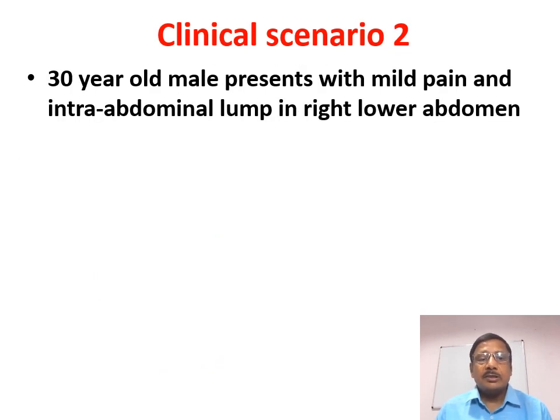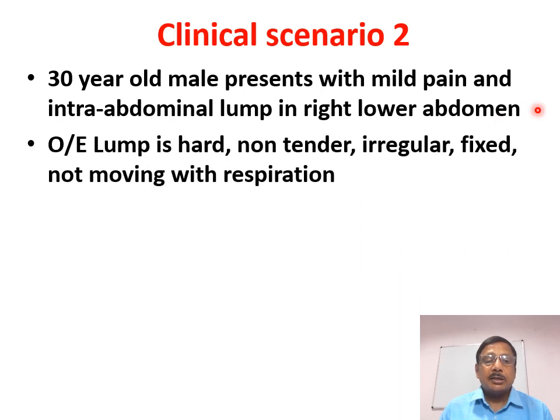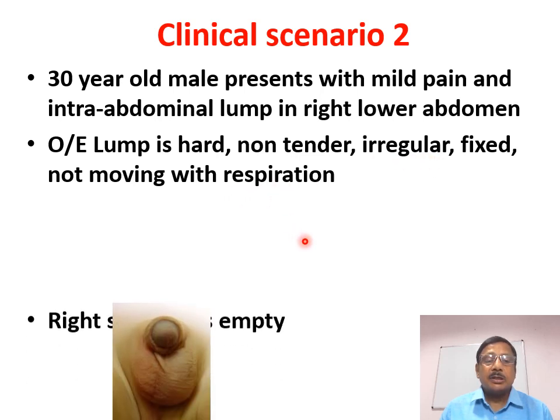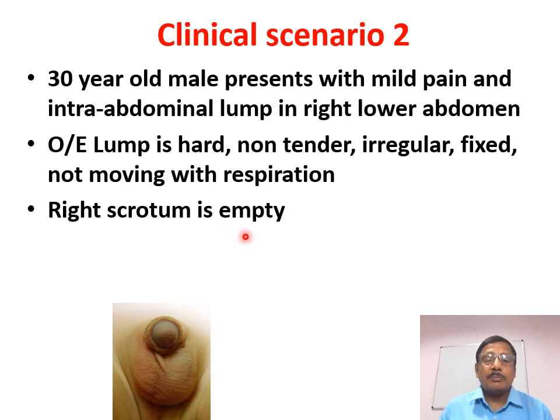Now what is clinical scenario 2? A 30-year-old male presents with mild pain and an intra-abdominal lump in the right lower abdomen. And as you examine, the lump is hard, non-tender, irregular, fixed, not moving with respiration. And you find that the right scrotum is empty.